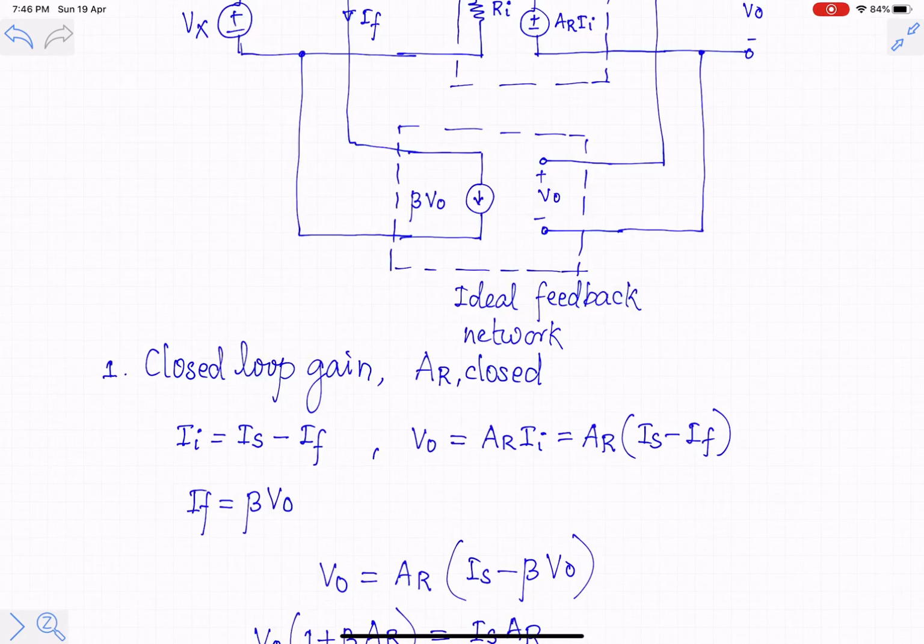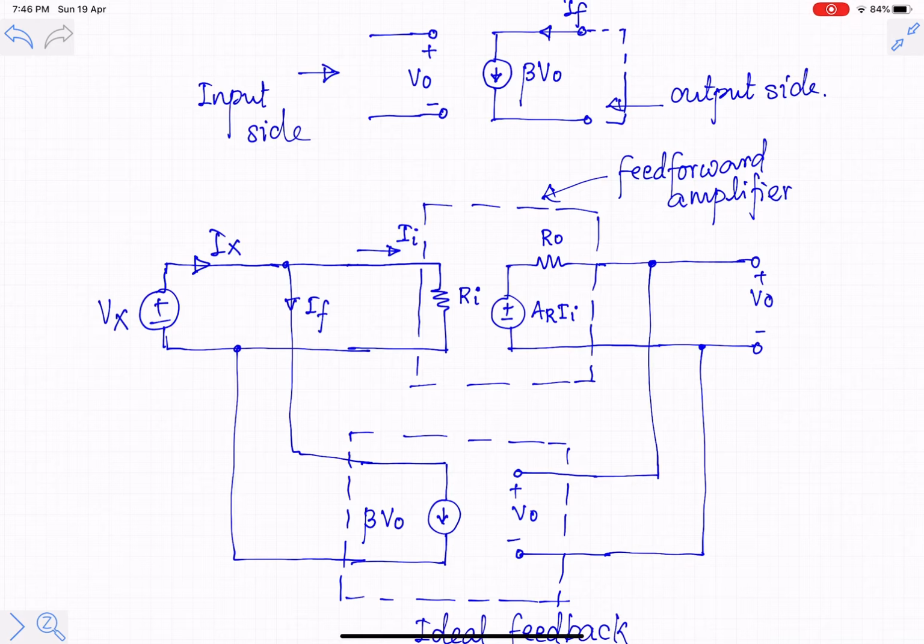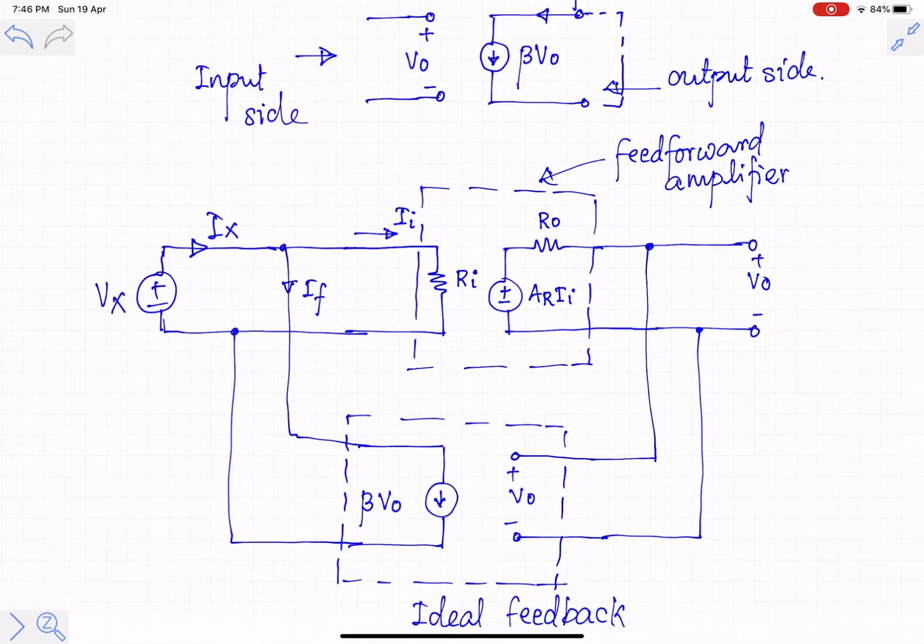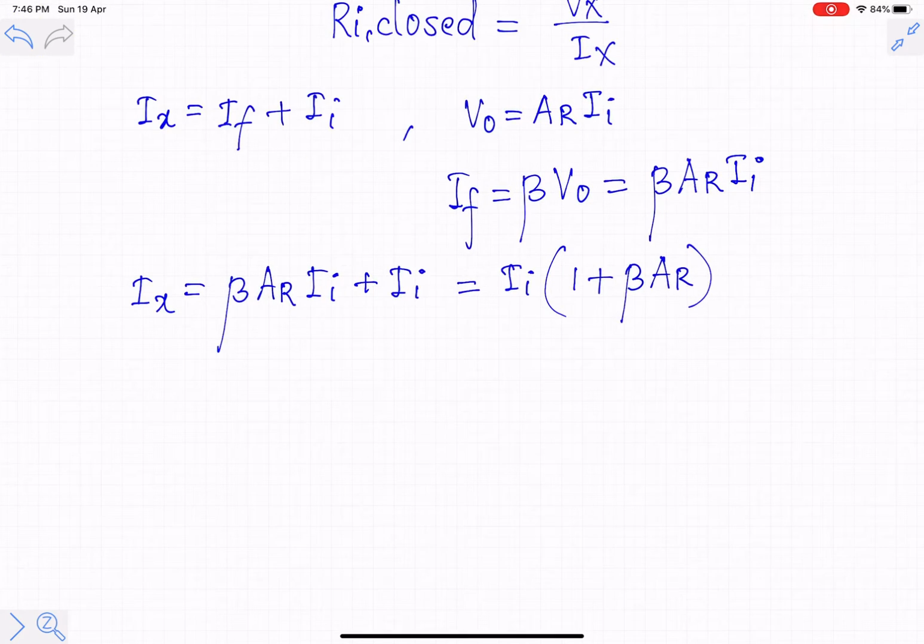We can see from this figure, if I apply Kirchhoff's voltage law, Vx is equal to Ii into Ri. Sorry, I will put the value of Ii from this.